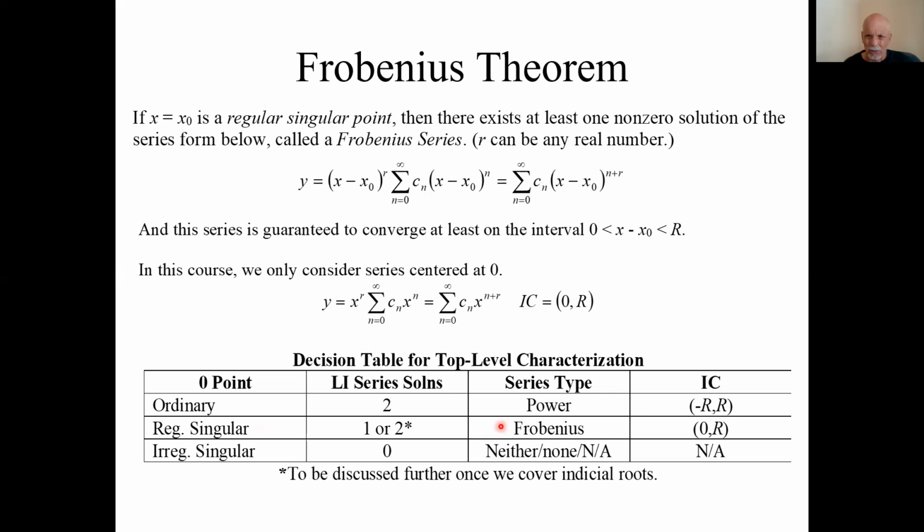And this is the interval of convergence from 0 to R. If 0 is an irregular singular point, we're not guaranteed any linearly independent series solutions, and we won't do anything further with that case.